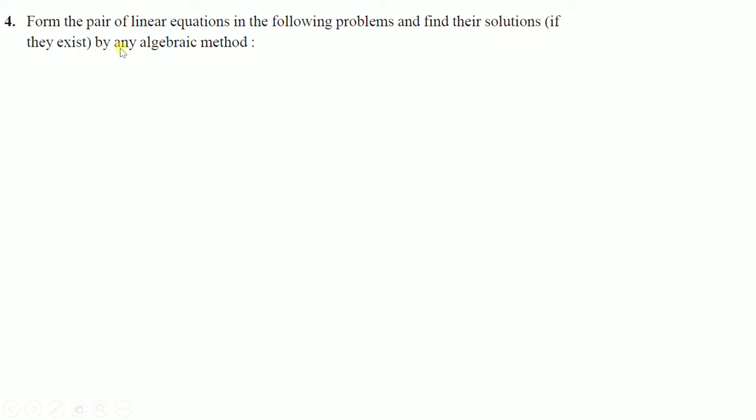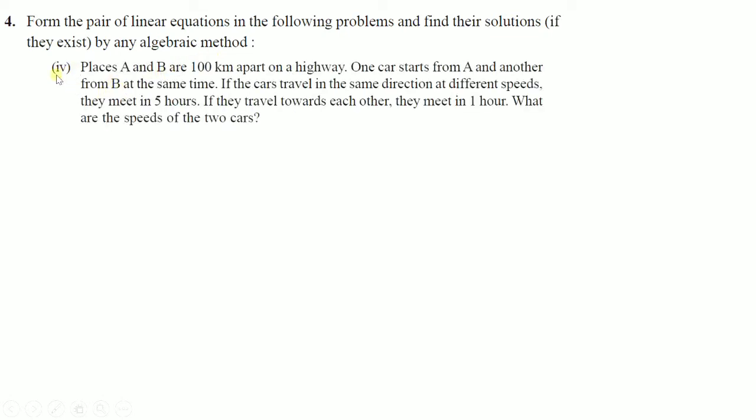If they exist, then only we have to find them by an algebraic method. By an algebraic method means we can apply any of those 3 methods except the graphical method. That means substitution method, elimination method, or cross multiplication method. We can apply any of these 3. So let us start. The part number 4 I am taking directly.